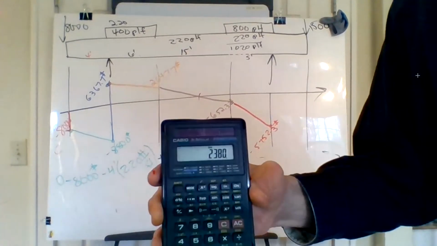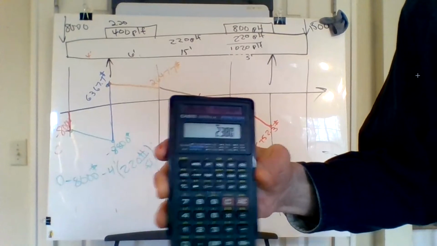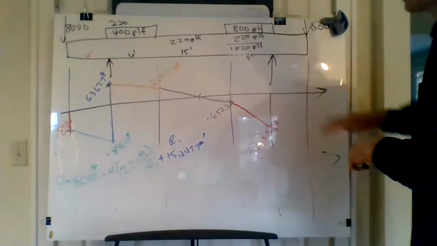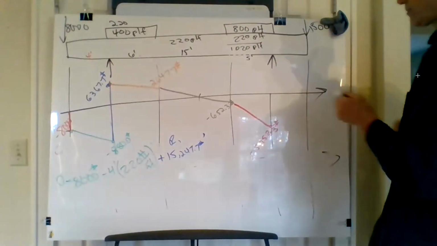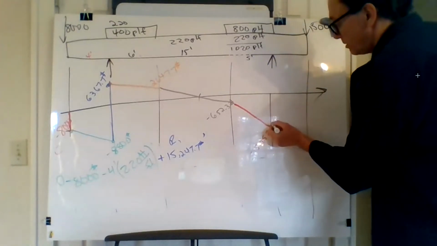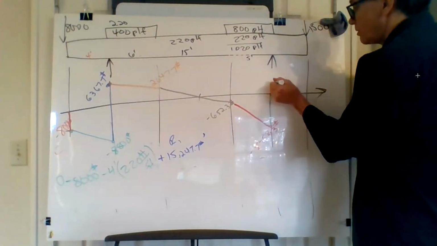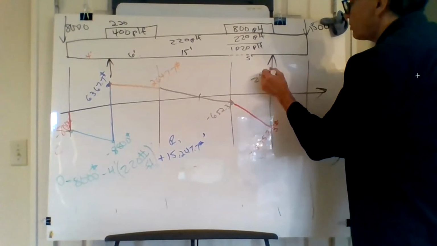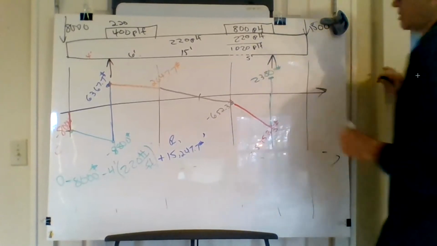So the value of the curve there is 2380. In other words, I go straight up. 2380 pounds.